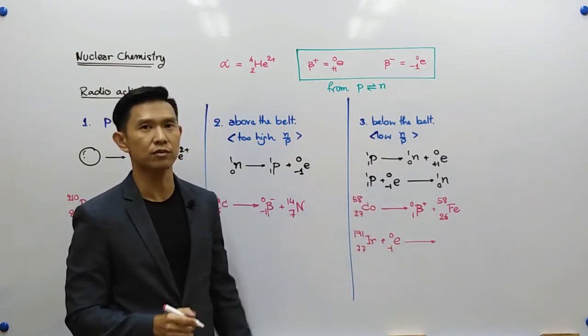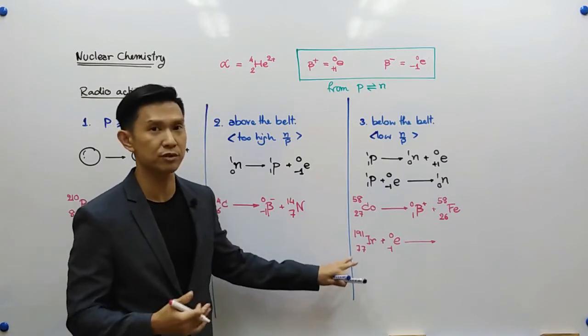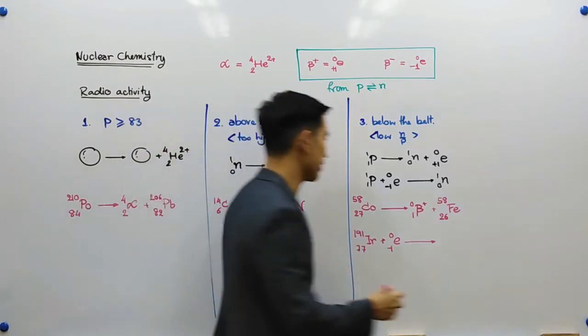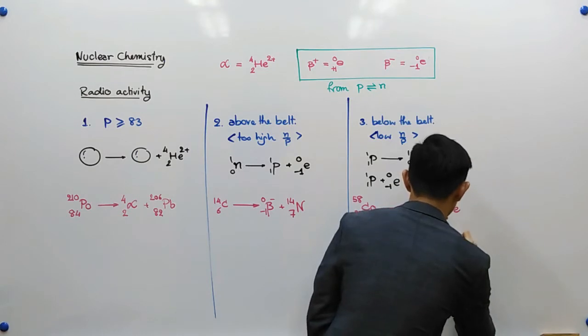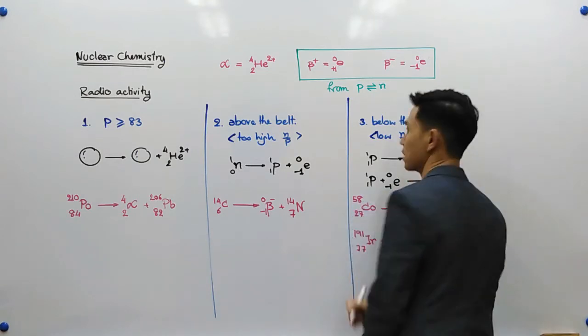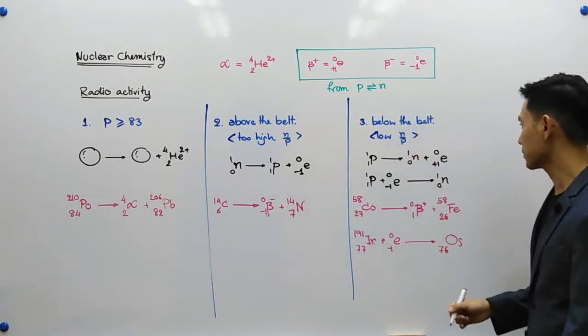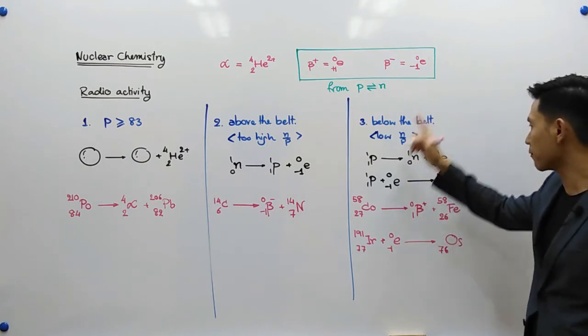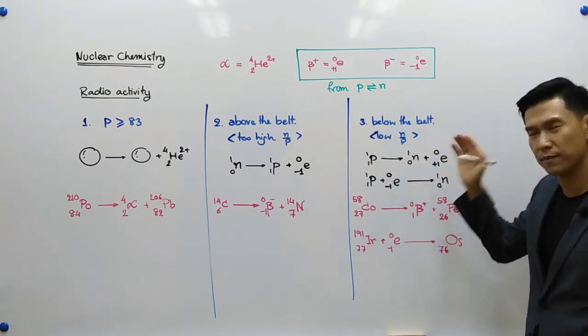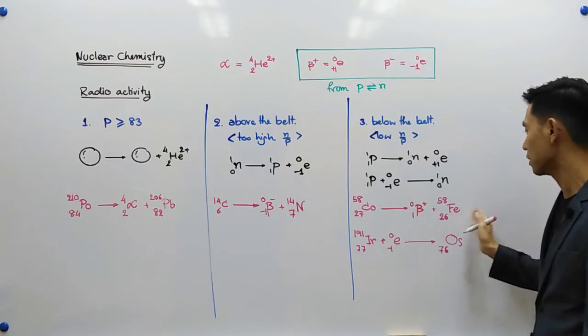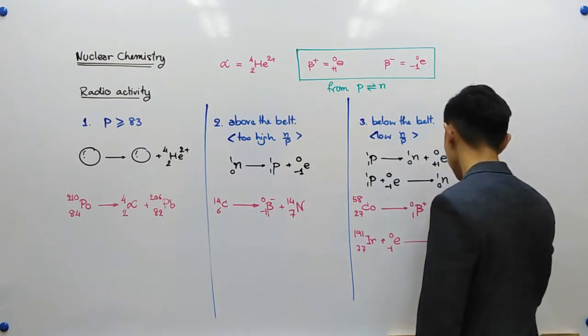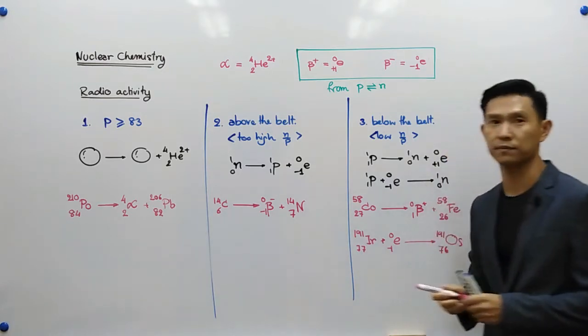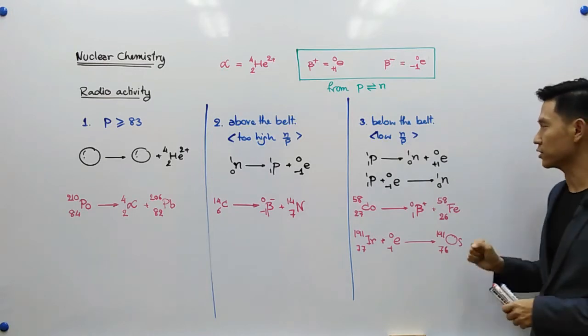So the number of protons in the nucleus is reduced by 1 unit from 77 to 76, and this is a new element called osmium. Okay, osmium. And the number of protons and the mass of protons and neutrons are equal, right? So the osmium here is osmium-191. Okay. So this is electron capture.